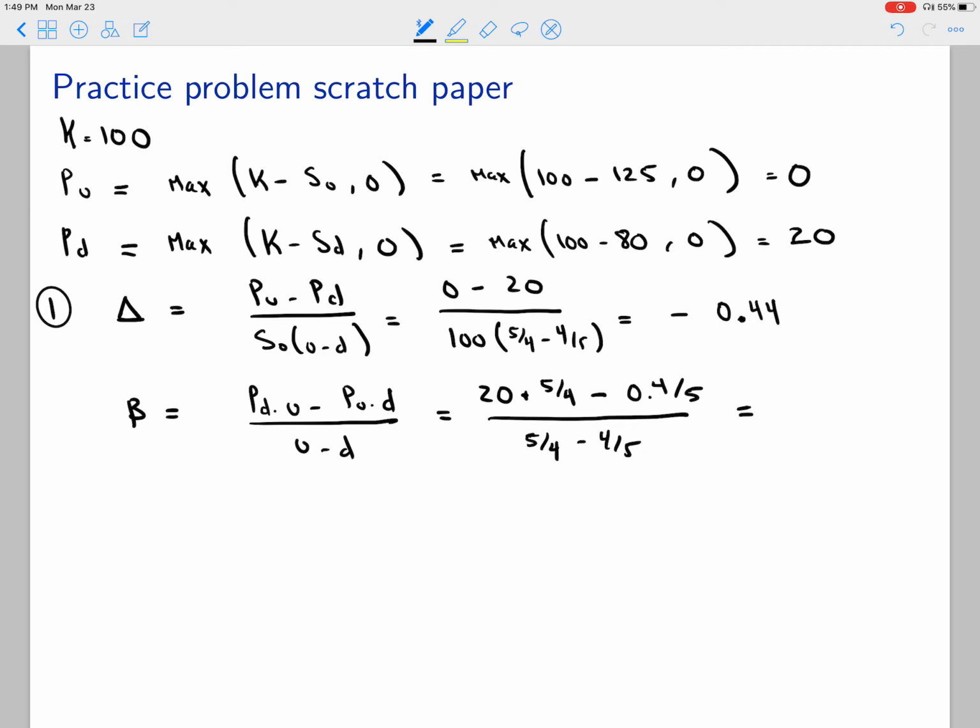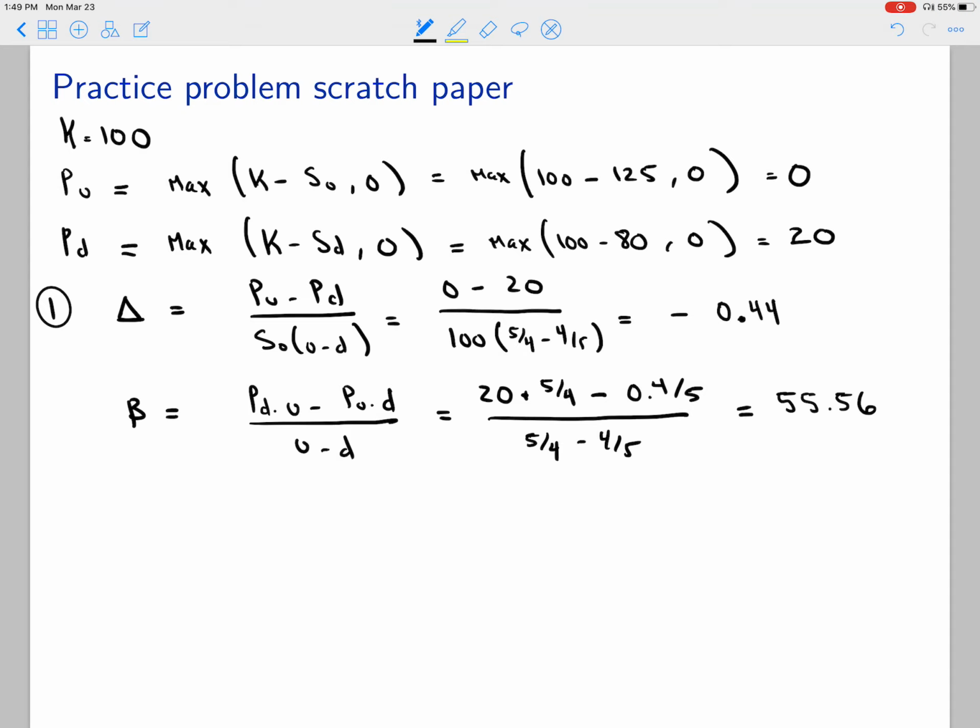Get out your calculators, plug this all in, maybe use Excel if you want. What you're going to see is that this should be around 55.56 bonds. So the replicating portfolio, we short 0.44 shares and we long 55.56 units of the bond.